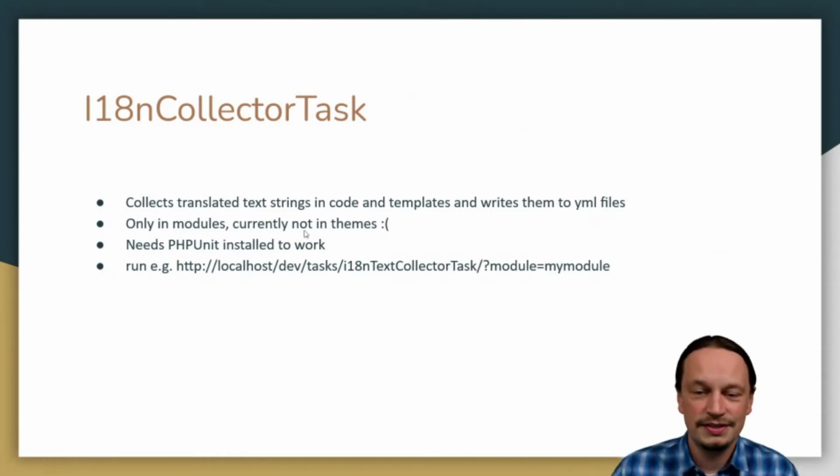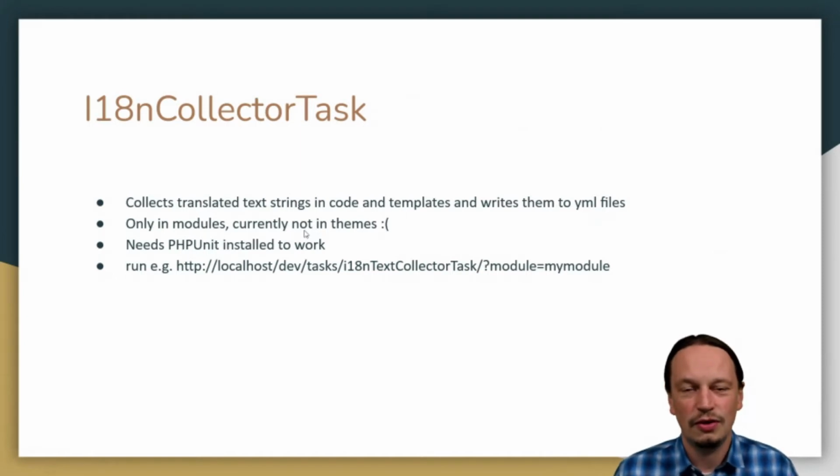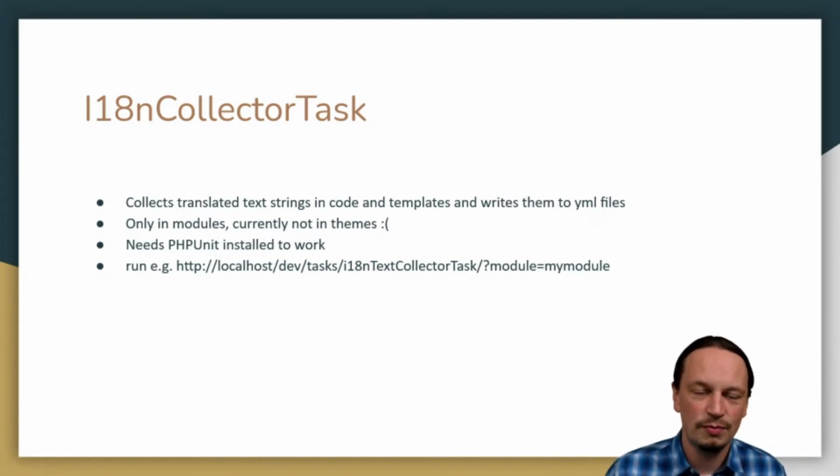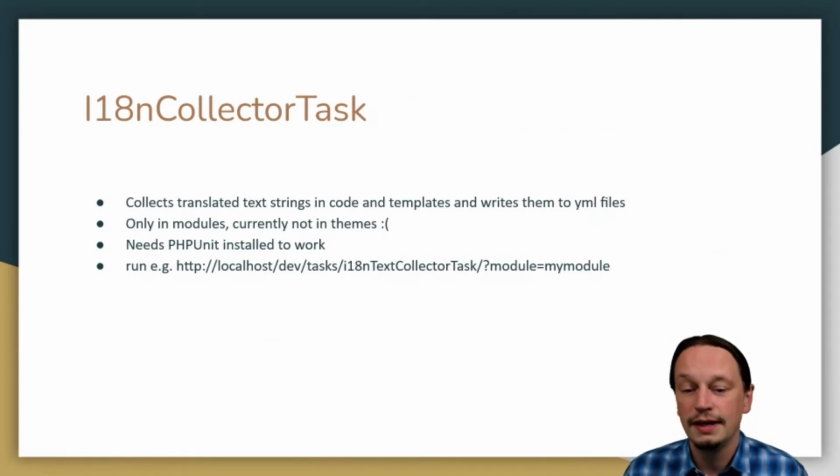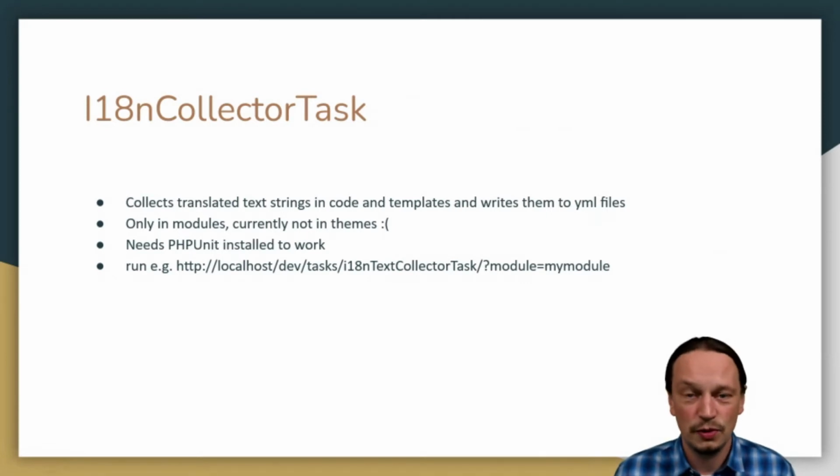And this text collector task collects all these translation strings from your PHP code and from your templates in your modules, but unfortunately not in the themes. This worked back in the days of Silverstripe 3, but it doesn't work in Silverstripe 4. It's not so good.